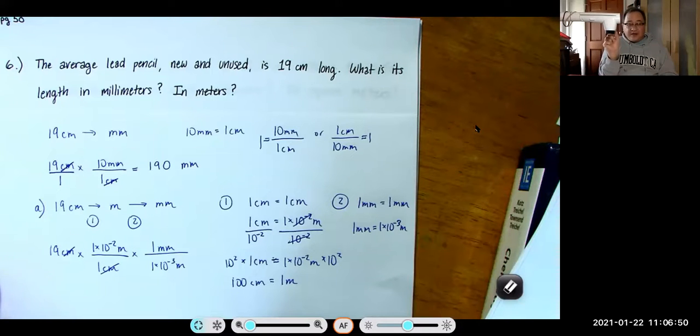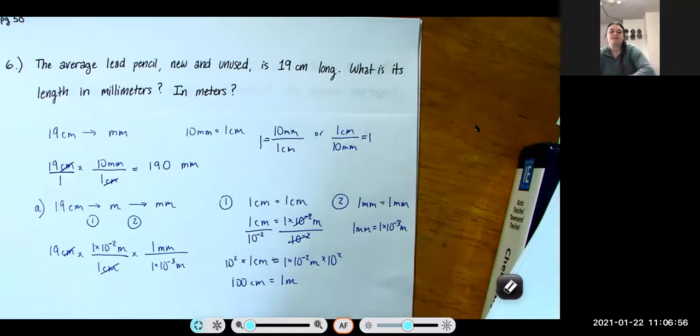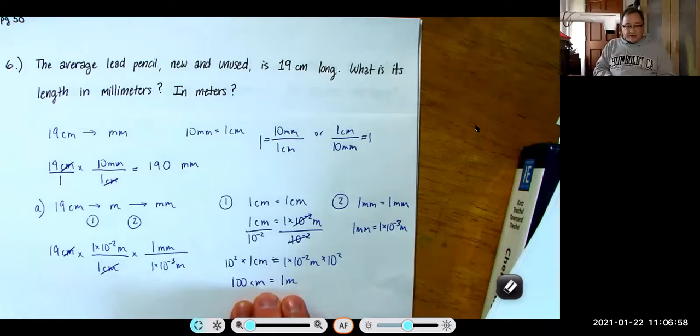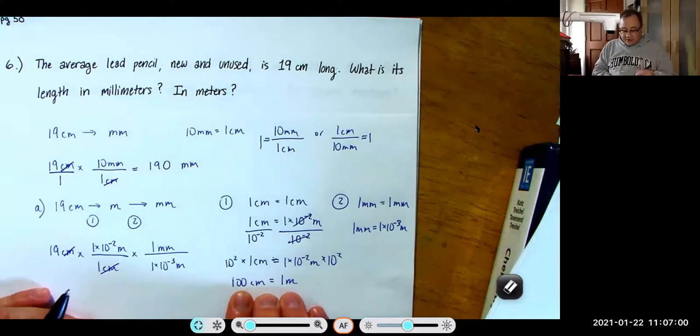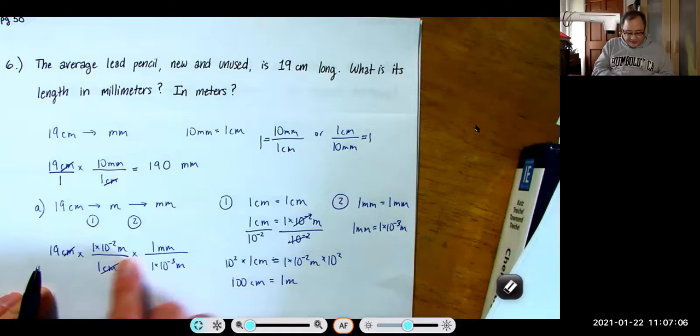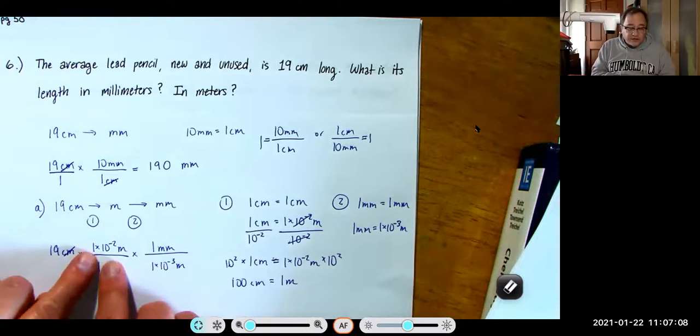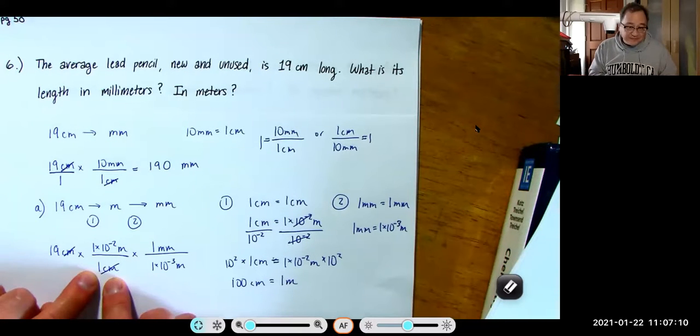How many of these do I need for 1 meter? 100. So do you see how this that I have my fingers underneath says you need 100 centimeters for 1 meter? And people are usually more comfortable with that rather than this, which says you need 1/100th of a meter to be 1 centimeter.